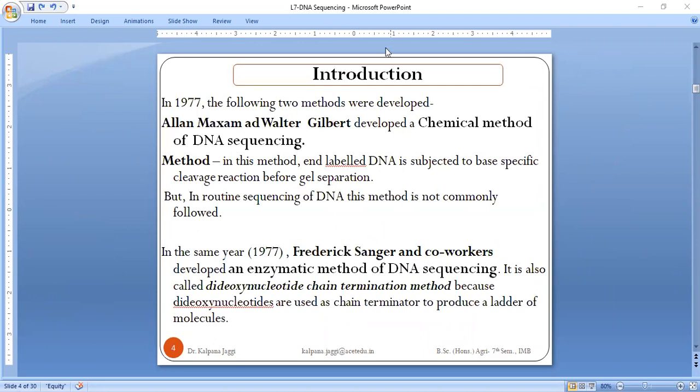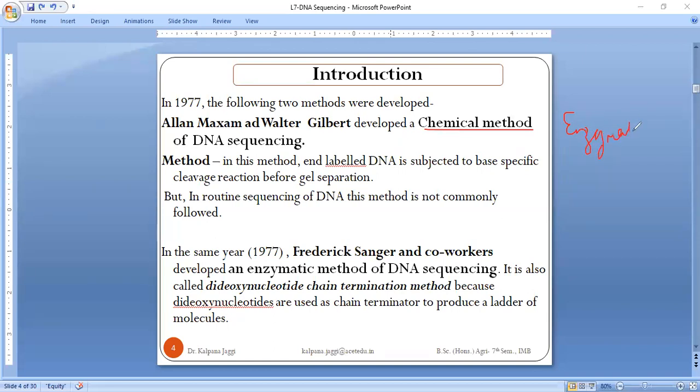Now I will introduce you to the methods which are basically utilized for DNA sequencing. In 1977, two methods were developed. One was known as the chemical method of DNA sequencing, and the other was known as the enzymatic method.